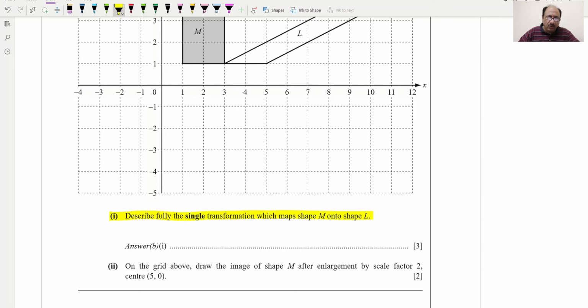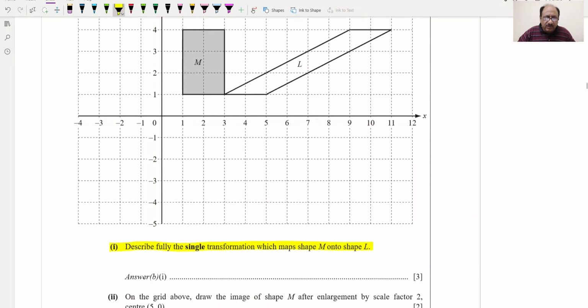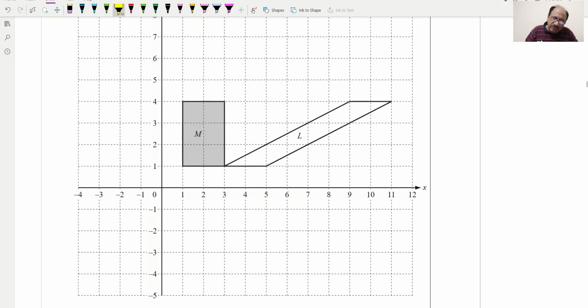Shape M onto L, we can see this is basically a shear, and this is a shear with the x-axis invariant by 2 units basically. We can check, this is 1, 2, 3, 4 units moved.